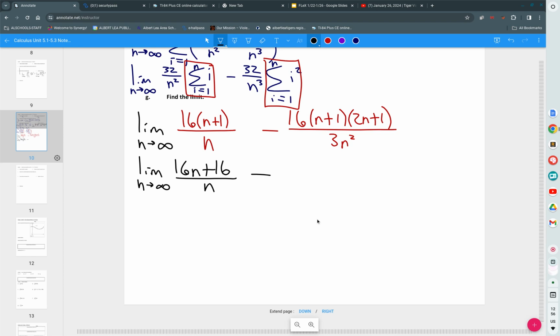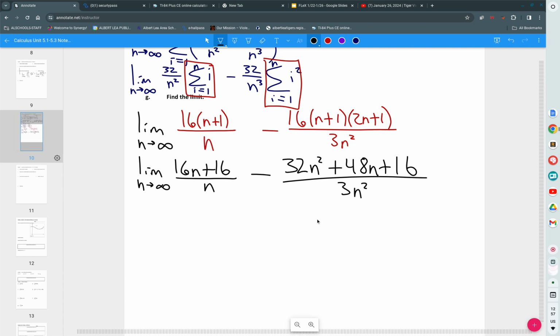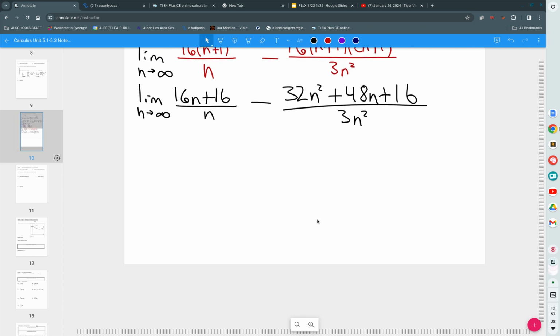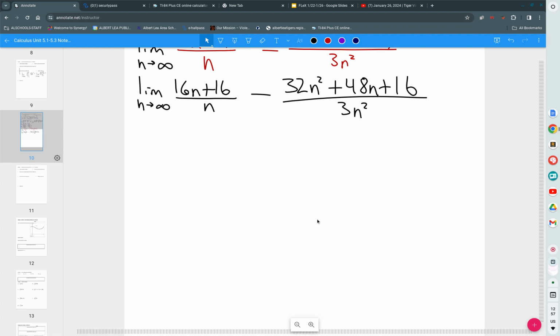What are we going to get here? 32n squared. The middle is going to be 3n times 16 will be that 48n. 16 all over 3n squared. What do we factor out of that first expression?